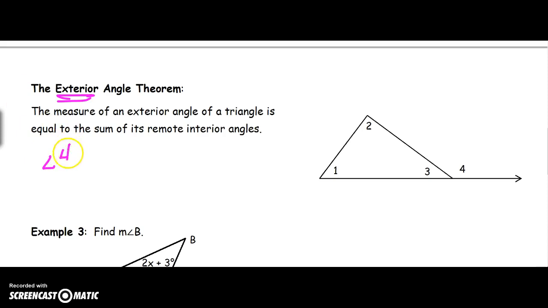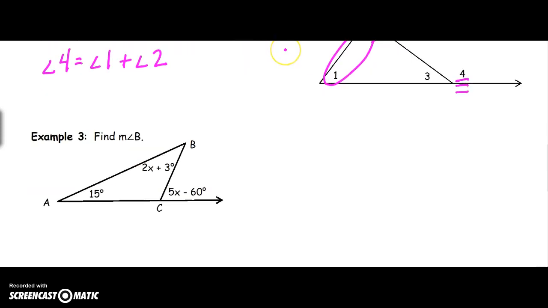If we're looking for angle 4, it is the sum of the two interior angles. So it would be angle 1 plus angle 2. The exterior angle is the sum of the two interior angles. So let's try an example.